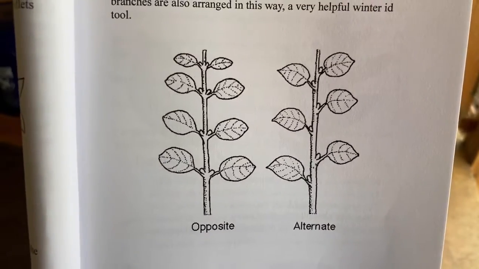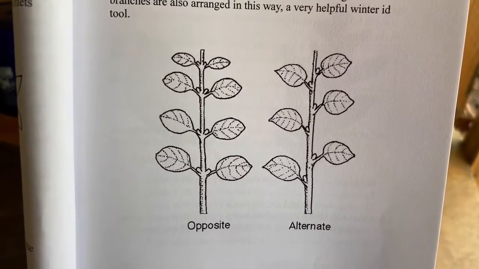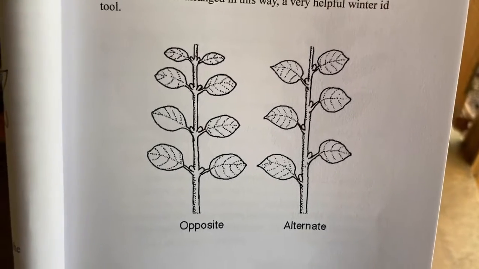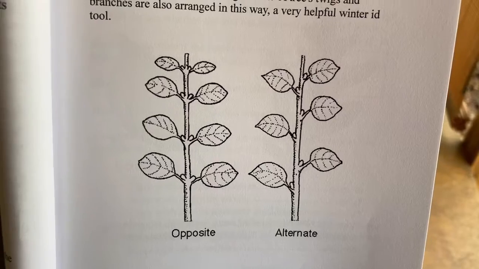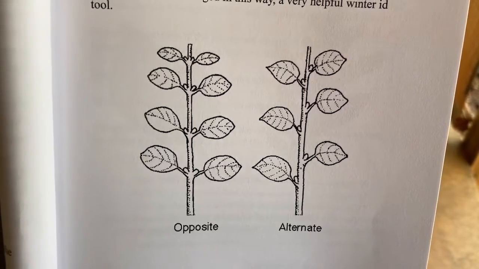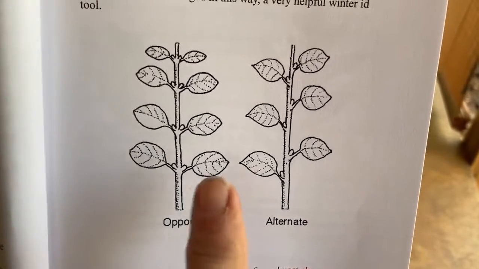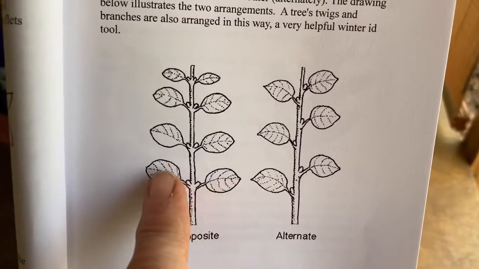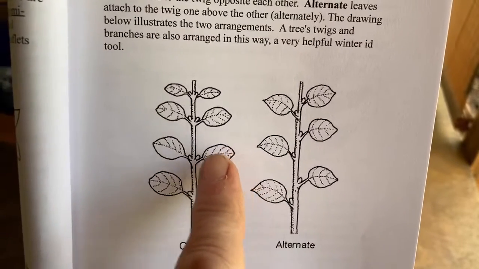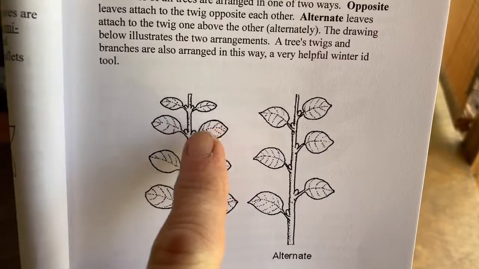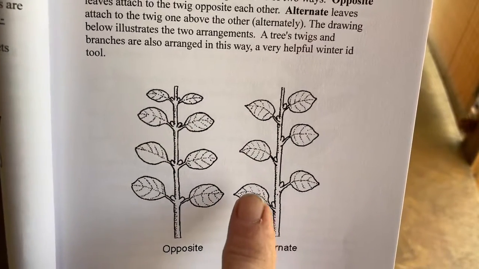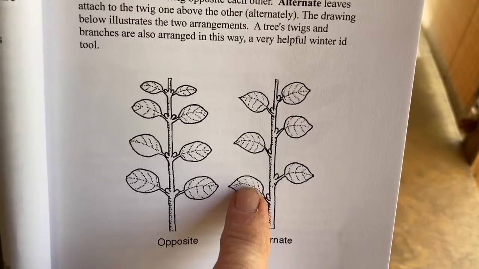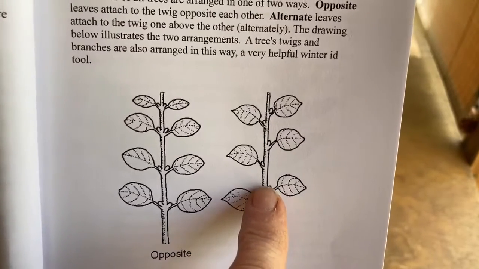All leaves are arranged on a tree in either one of 2 configurations or arrangements. The leaves are either arranged opposite each other on the tree branch, or they're arranged alternate. You have one here, you have to go up, you have one on the right.